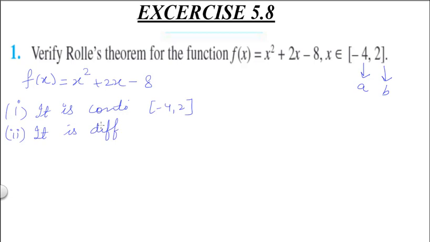It is differentiable also on the interval minus 4 comma 2.